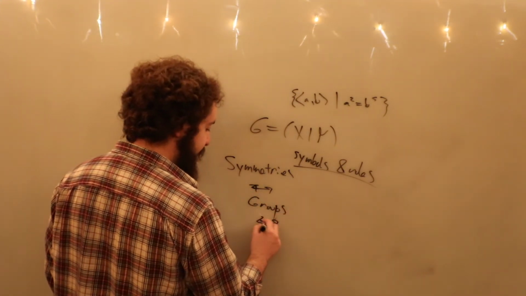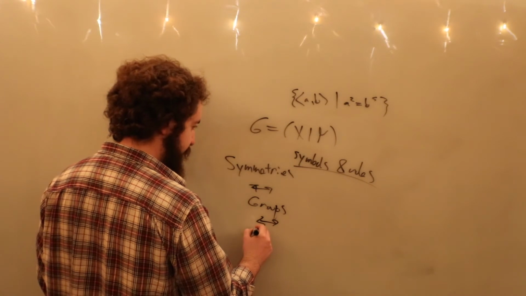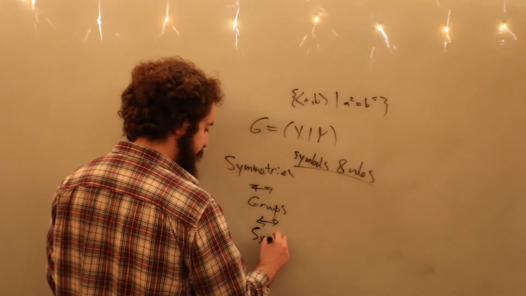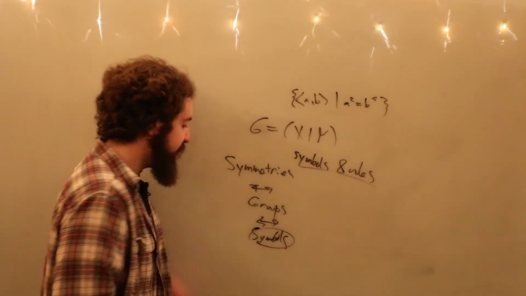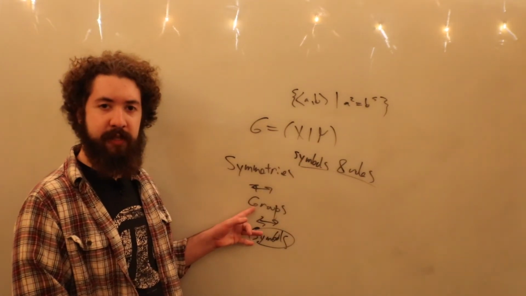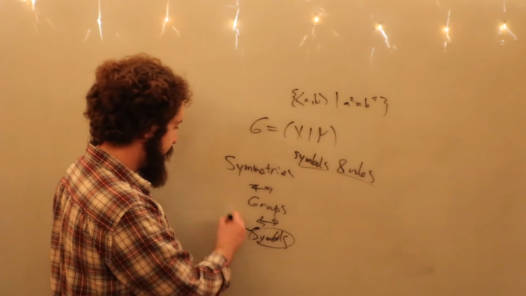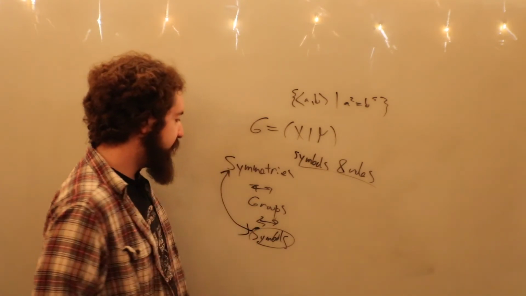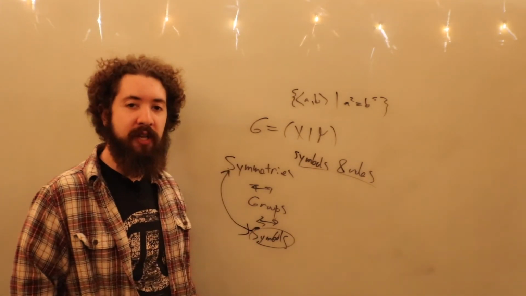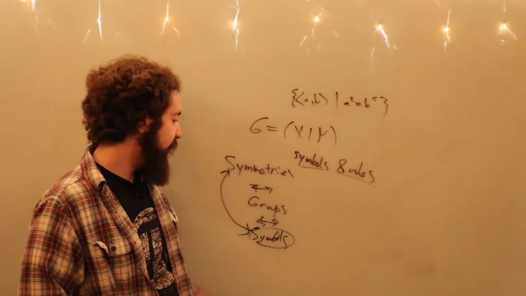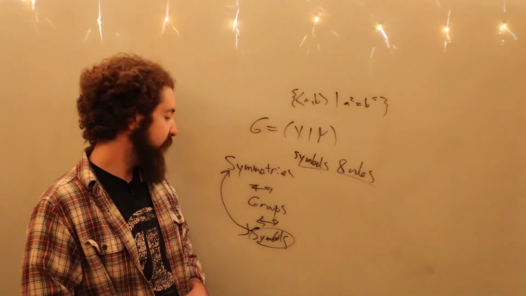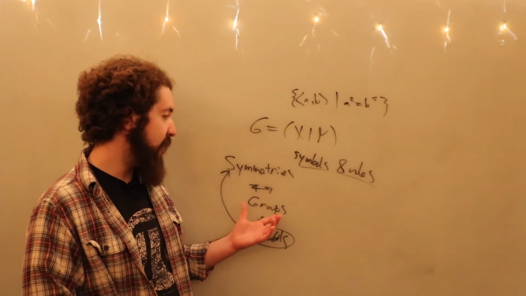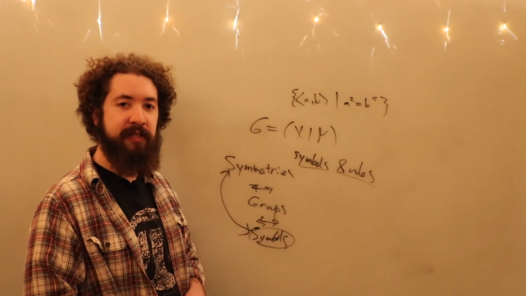And now we see this is also true with groups and symbols, right? Groups and symbols and rules, that these two things are also the same thing. And transitively, that symmetries and symbols are linked in this profound way, that algebra and geometry are linked in this profound way that is groups describing both of them simultaneously.